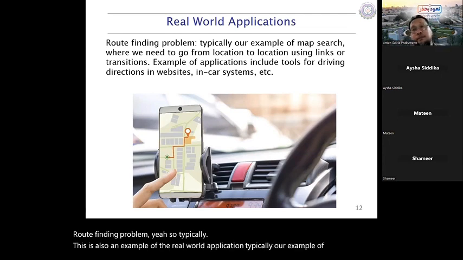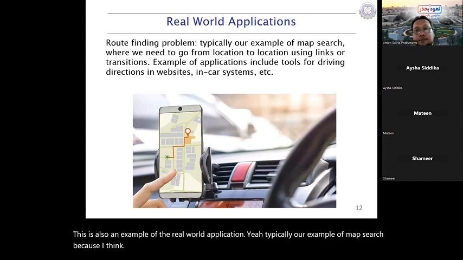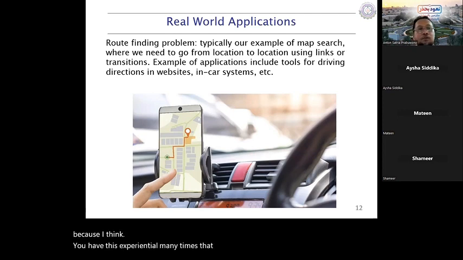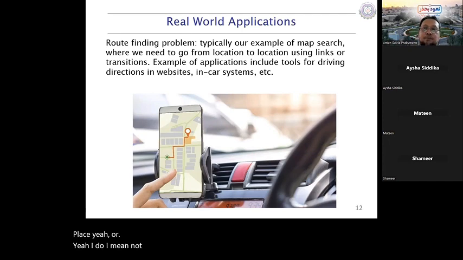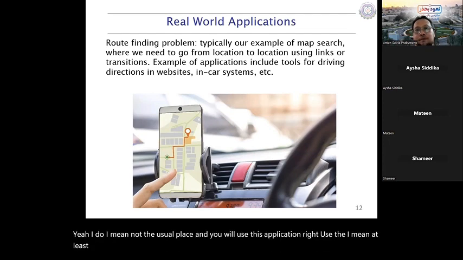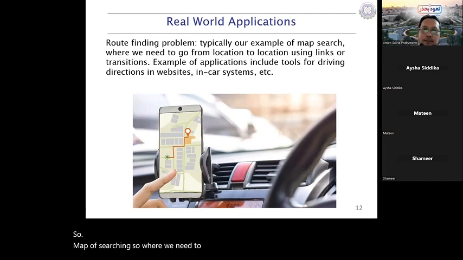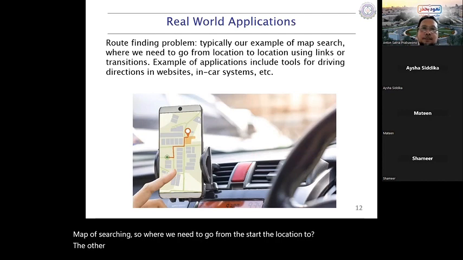I think you have this experience many times when you go to a new place, not the usual place, and you use this application, at least Google Maps, for example, or another map. In map searching, we need to go from the start location to the other location, using links or transitions.